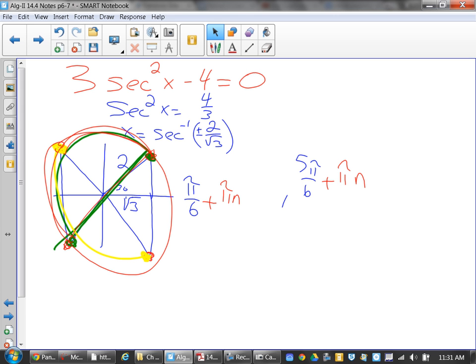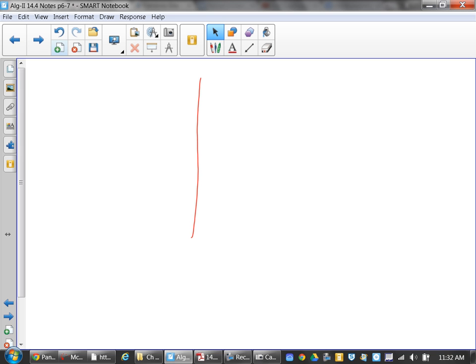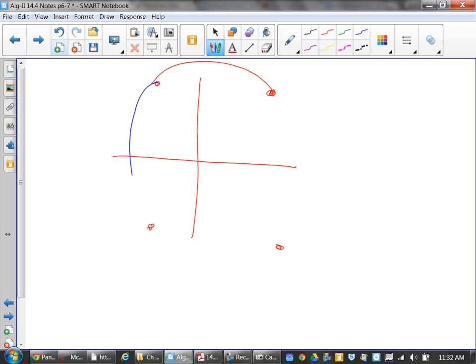Yes, ma'am. So I'm so confused, on the last one you used 2 pi n, and then this one you just use pi n. What happens here, if you look at it in terms of just placement, the distance on the curve from here to here is not the same as the distance on the curve from here to here.